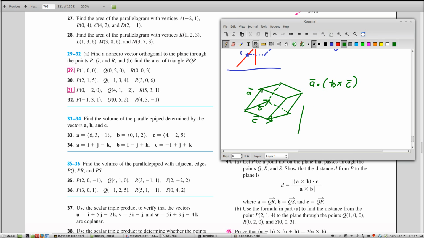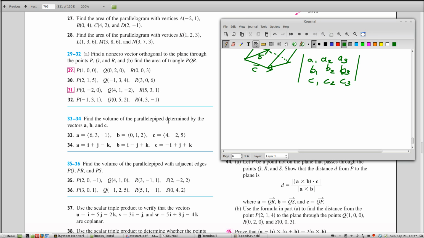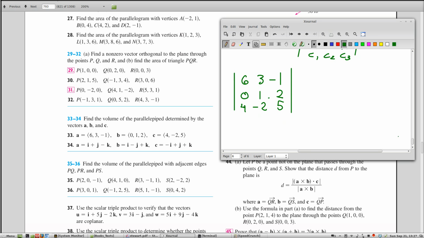And what this amounts to is the determinant of A1, A2, A3, B1, B2, B3, C1, C2, C3. So to do number 33, for example, you just do the determinant of 6, 3, minus 1, 0, 1, 2, 4, minus 2, 5, and what does this turn out to be?